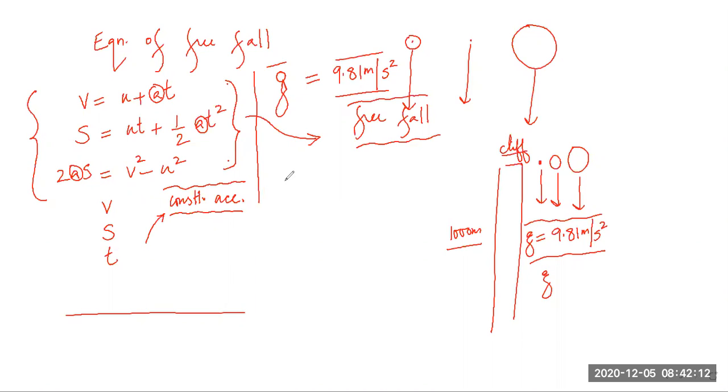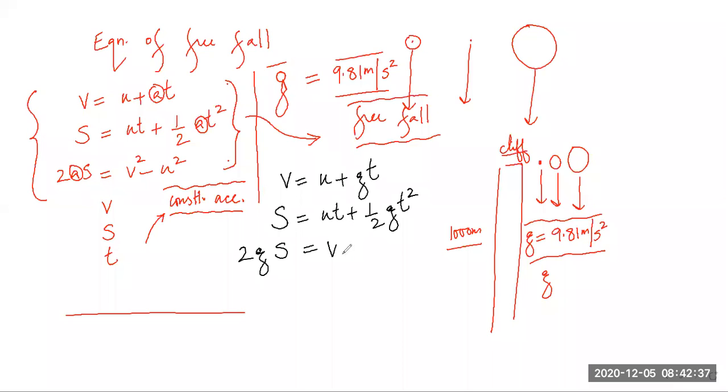What will be the first equation, students? v is equal to u plus gt. And the second equation, distance s covered, will be ut plus half gt square. And the third one will be 2gs equal to v square minus u square.